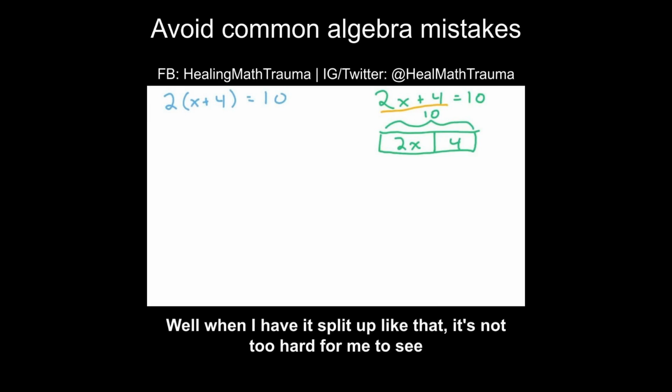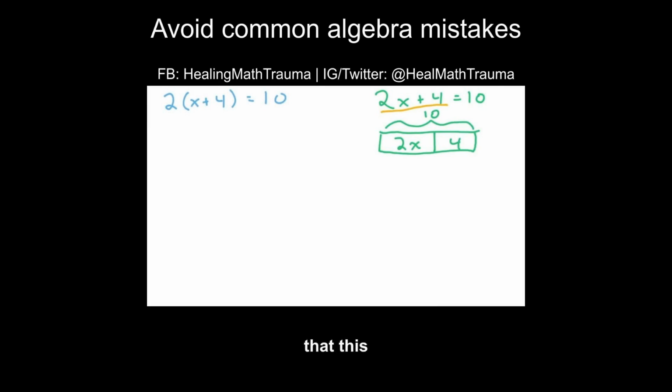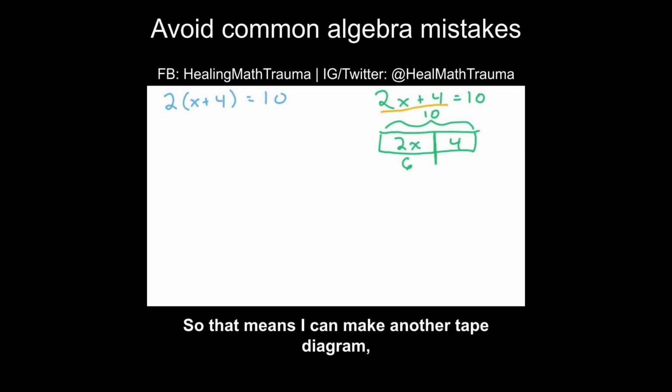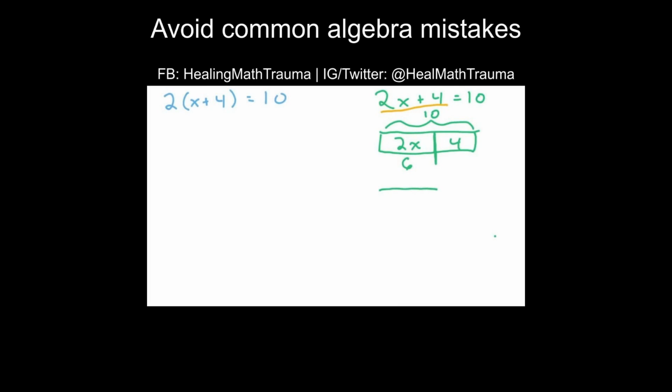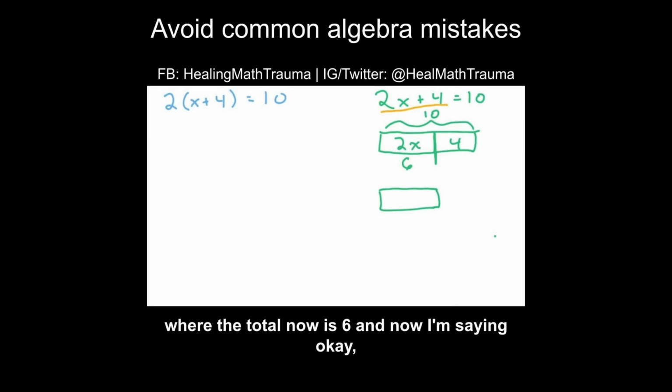Well, when I have it split up like that, it's not too hard for me to see that this 2x part over here has to be 6 because 6 and 4 together give me 10. So that means I can make another tape diagram where the total now is 6.